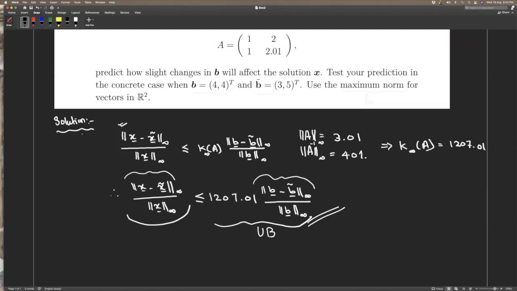So the left hand side can be exactly found, and we want to check whether our prediction is correct. It means, is the number that you get really less than or equal to the upper bound when you put b and b tilde as these given numbers? Okay, let us check that.